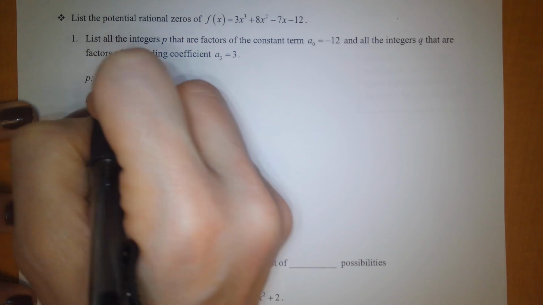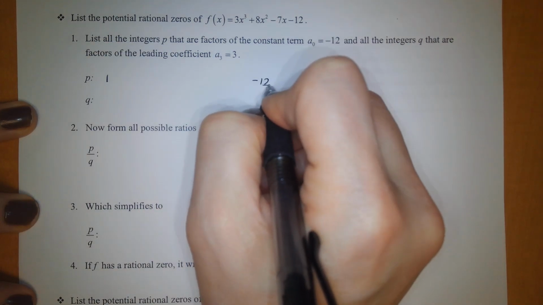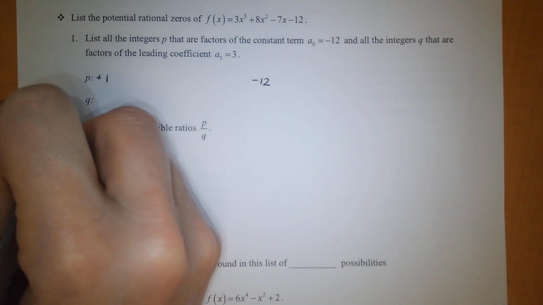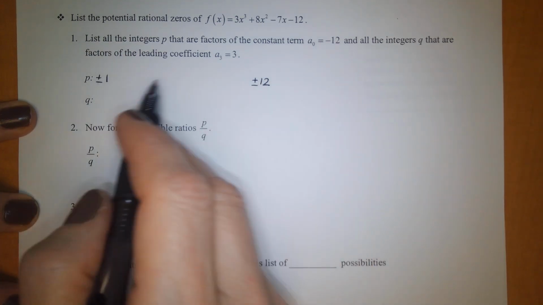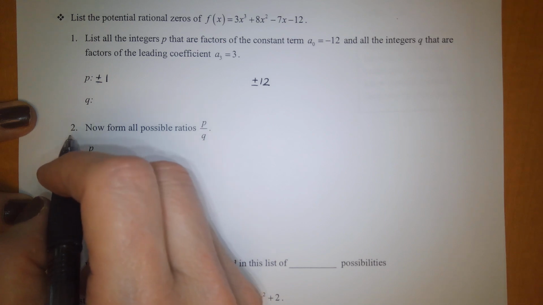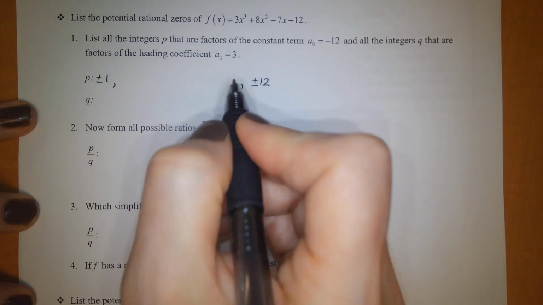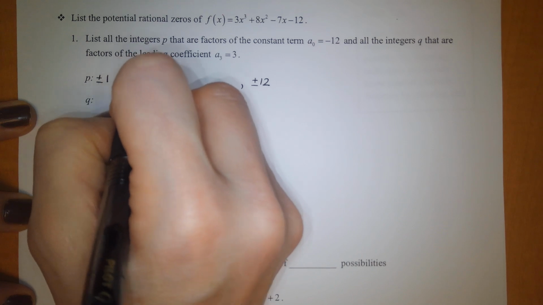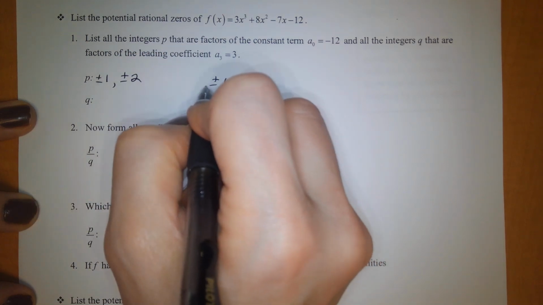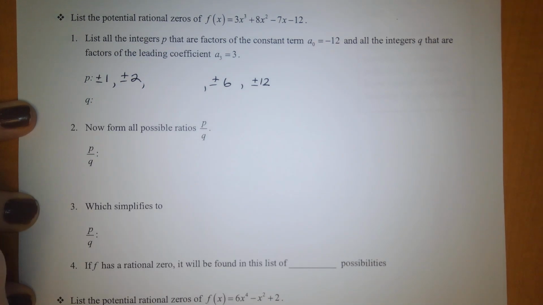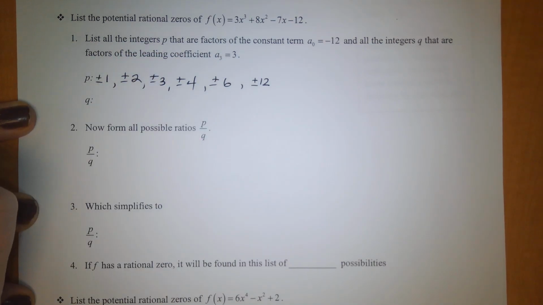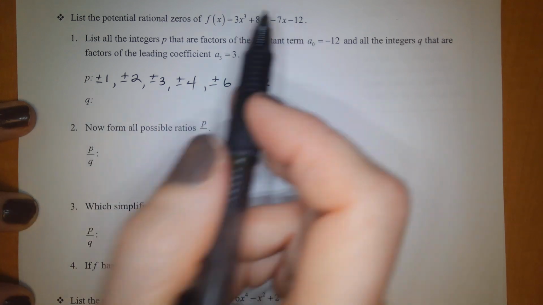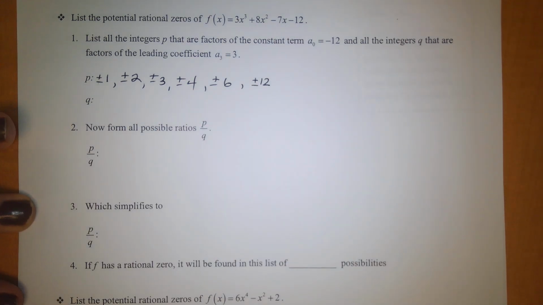You can have a positive 1 and a negative 12, but you could also have a negative 1 and a positive 12. So both signs will be present there. You could also have 2 and 6. You could also have 3 and 4. All of those numbers are factors of negative 12. They're all potential divisors that create no remainder.